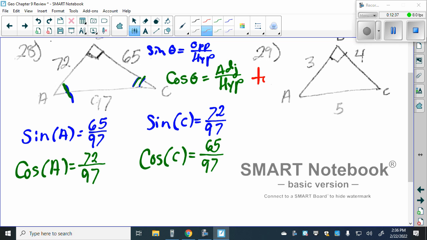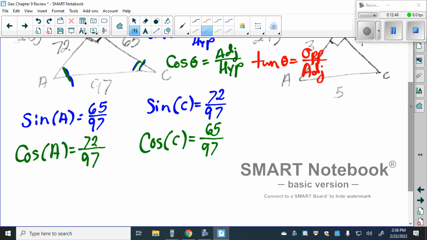And lastly, tangent of an angle is our opposite side over the adjacent. So tangent of A, well, the opposite side length of A is 65, and the adjacent is 72.